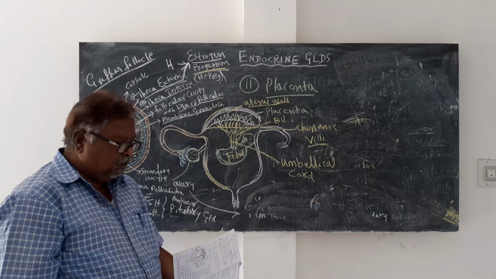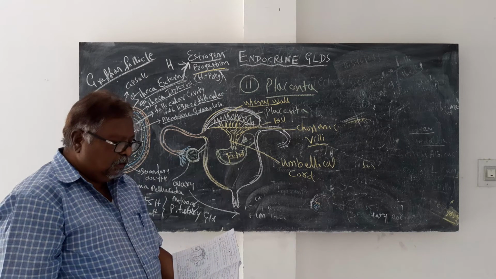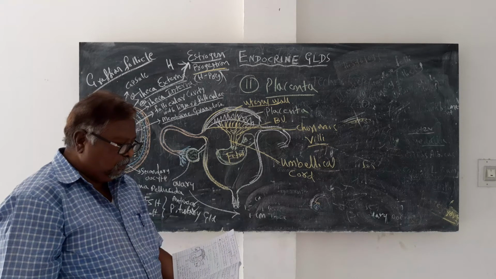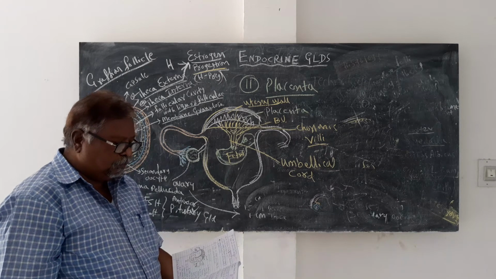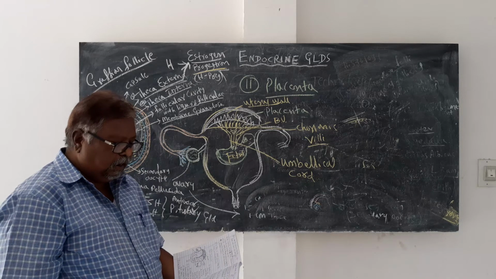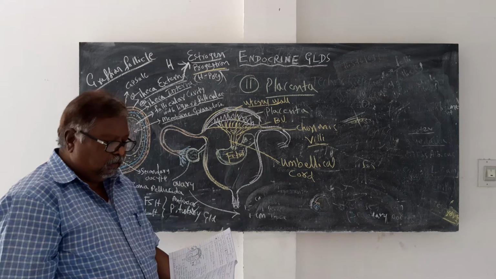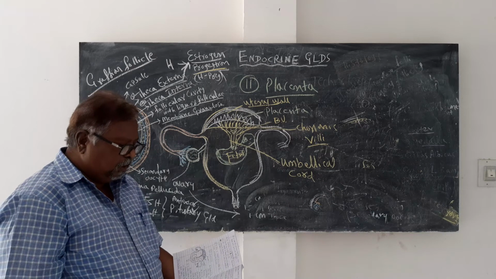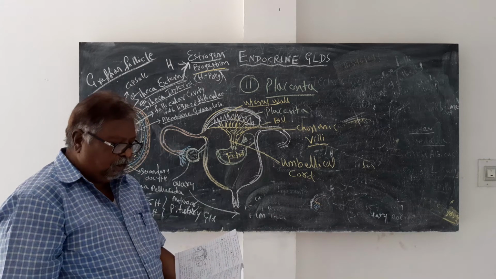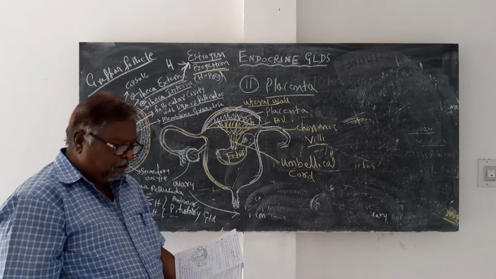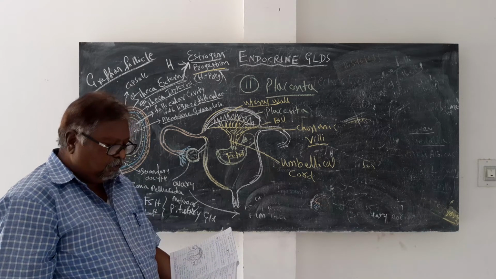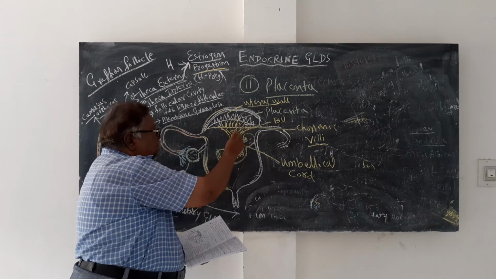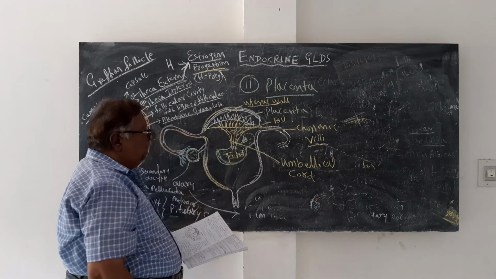The placenta functions as a feto-maternal organ with two components, the fetal placenta and the maternal placenta. The fetal placenta consists of the fetal capillary network, fetal connective tissue and fetal chorionic epithelium. This is the fetal side which has the chorionic villi.